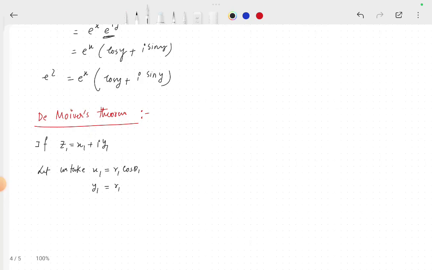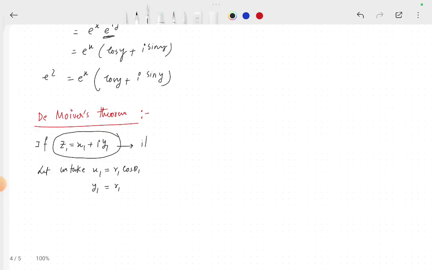Actually, what is the main importance of de Moivre's theorem? You have to understand when I derive the formula. Actually, we convert this xy complex plane to the r theta complex plane. So z1 is actually written here in the xy complex plane.